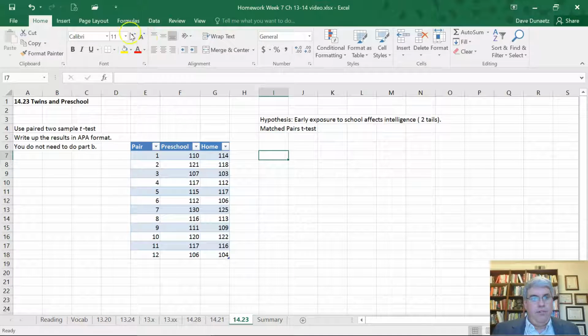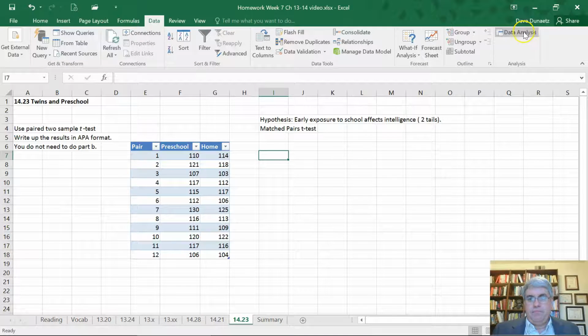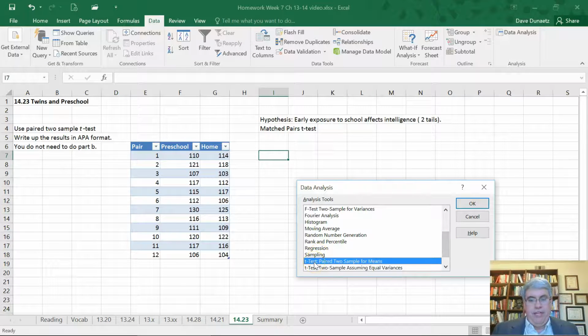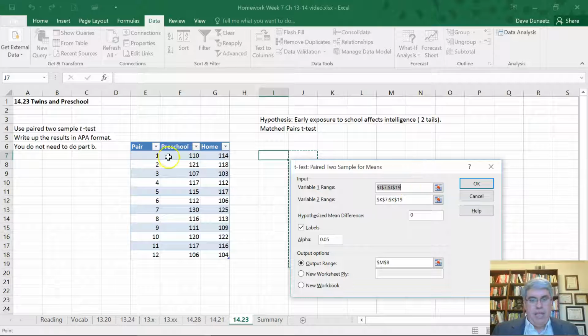So let's go to data analysis, and we're going to do this t-test paired two samples. That's the matched pairs, the paired two sample for means. Click OK. And variable 1 will be the preschool kids, and variable 2 will be the homeschooled kids.